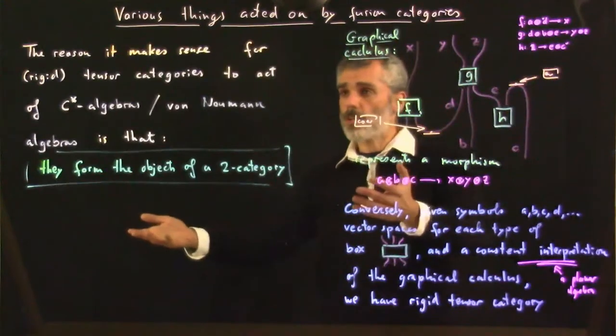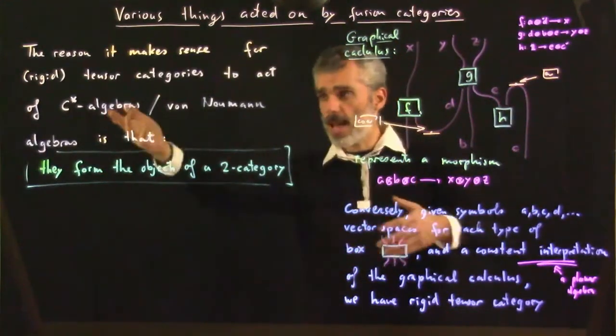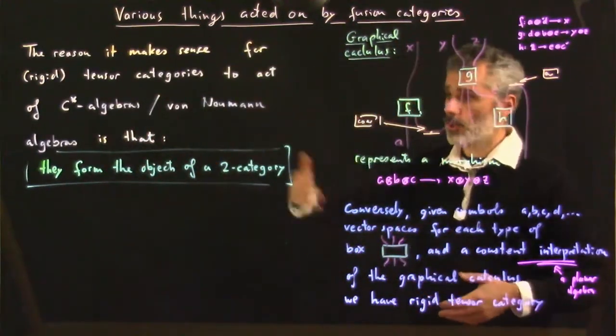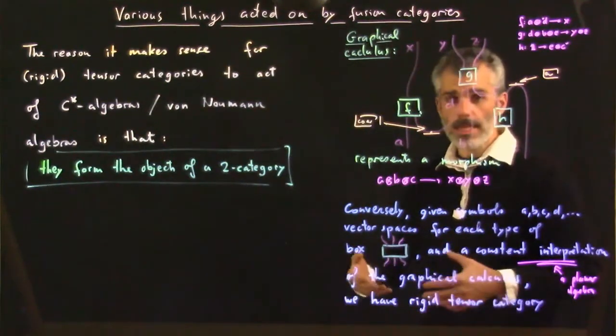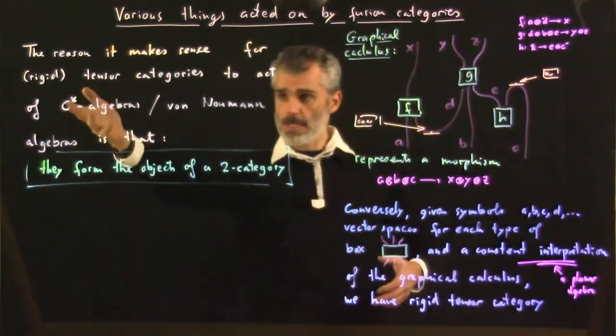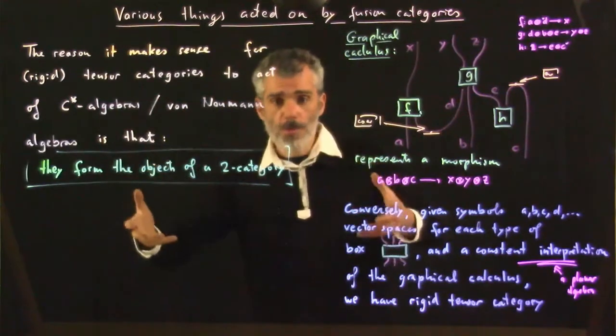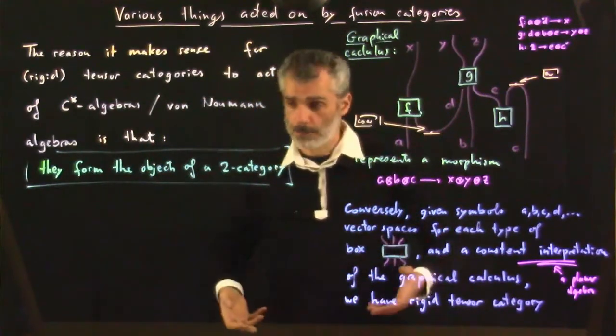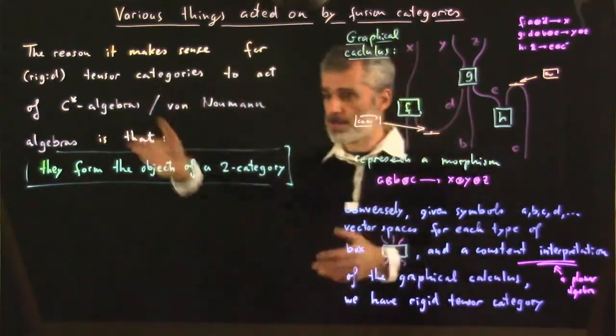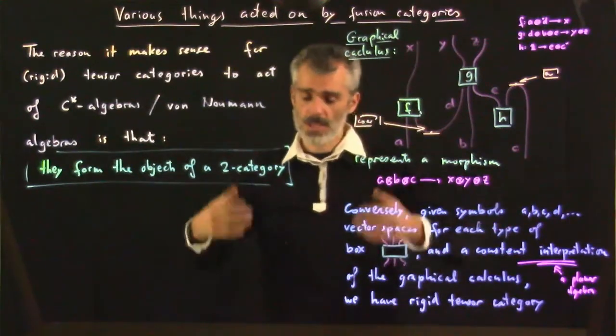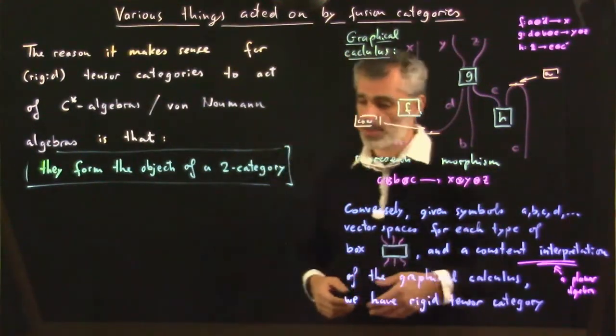And now the reason why it makes sense for tensor categories to act on C-star algebras or von Neumann algebras is that these form the objects of a two category. The objects are C-star algebras, the morphisms are correspondences, and then you have two morphisms within correspondences.